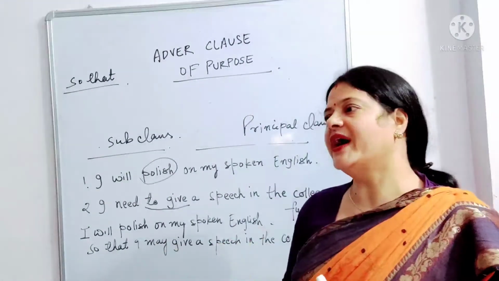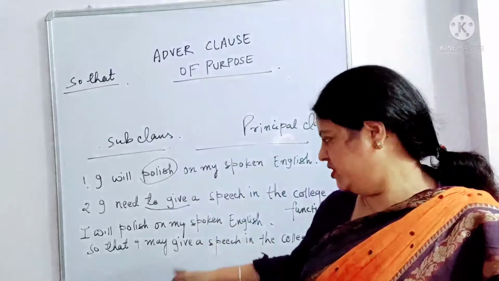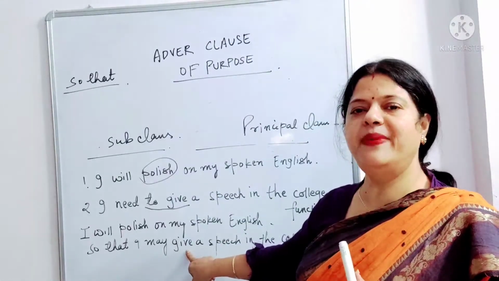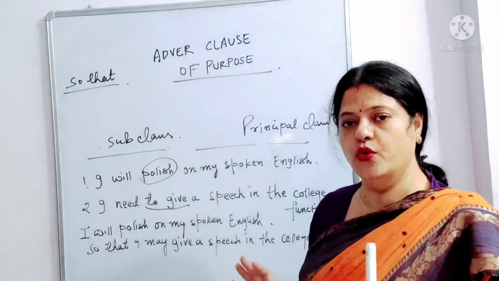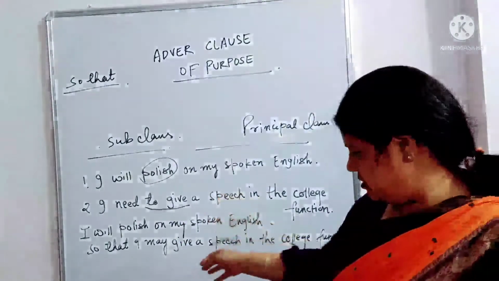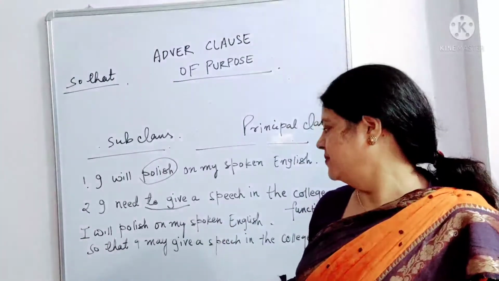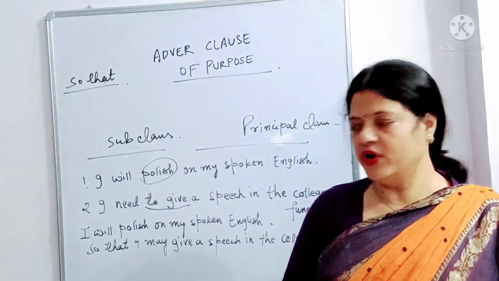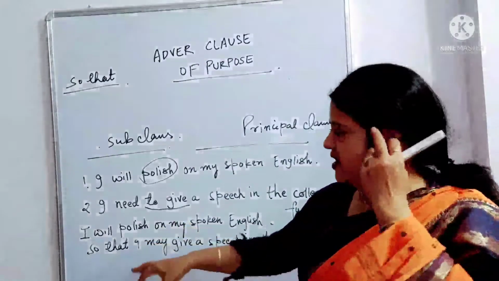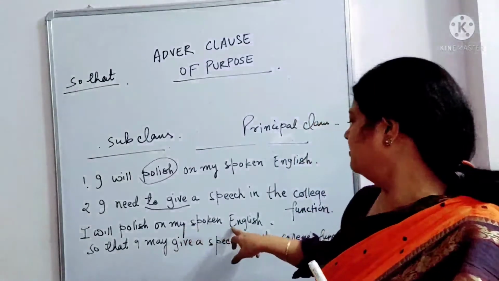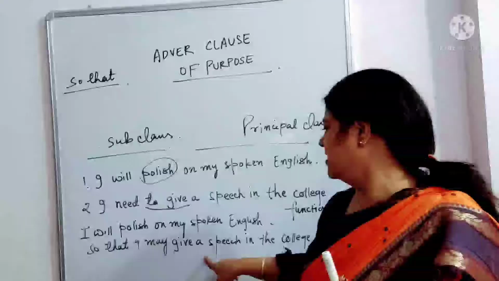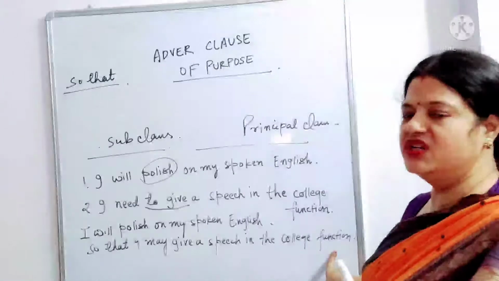Now after a modal verb we put an infinitive, but this infinitive is called a bare infinitive, without to. So after modal verbs, the infinitive is always used as a bare infinitive, not a simple infinitive. So: I will polish on my spoken English so that I may give a speech in the college function.